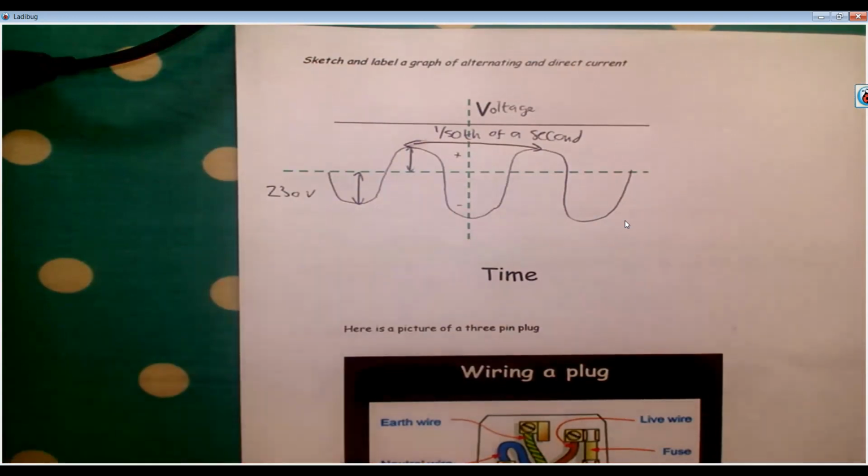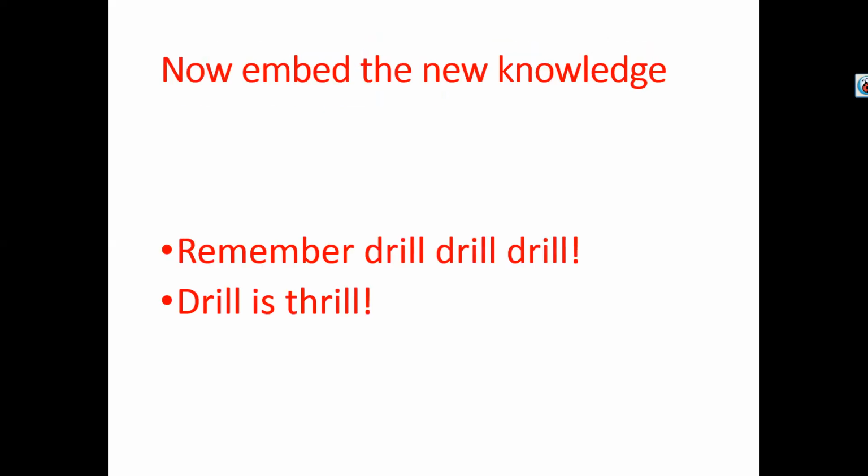So if you could make sure that you've got any notes written down that you need. And get ready to embed that knowledge. So a little bit of drill, drill, drill, drill is thrill. So what do we mean by that? Well, we want to drill the information and get it to stick in our memory.